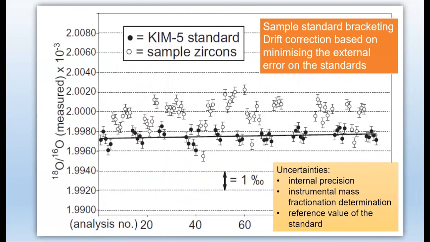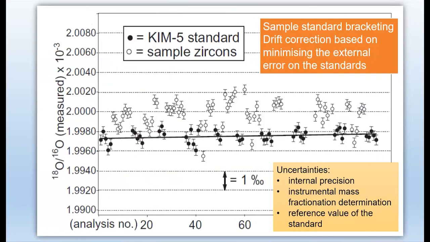The normal way this is approached is a sample standard bracketing approach, where sequentially, through an analysis run, we measure a reference material of known value, and we also then measure our unknowns.